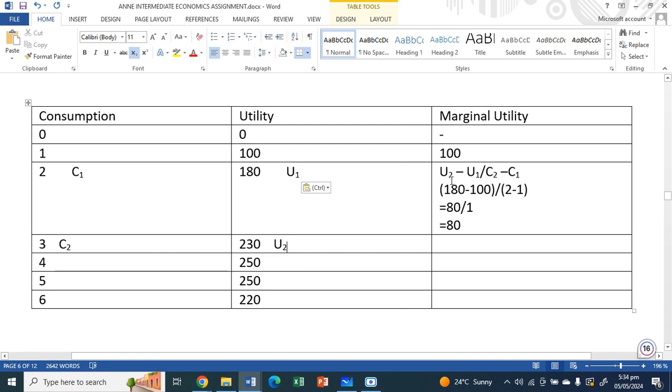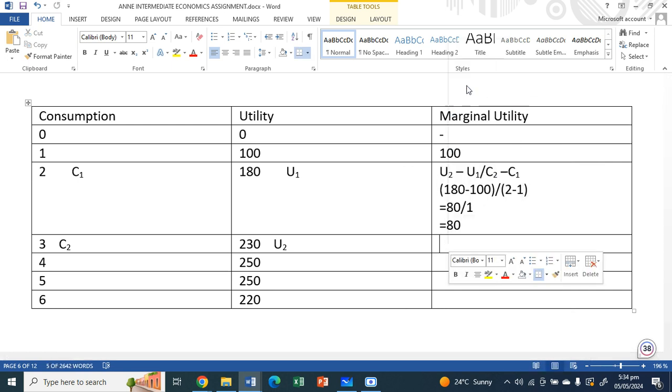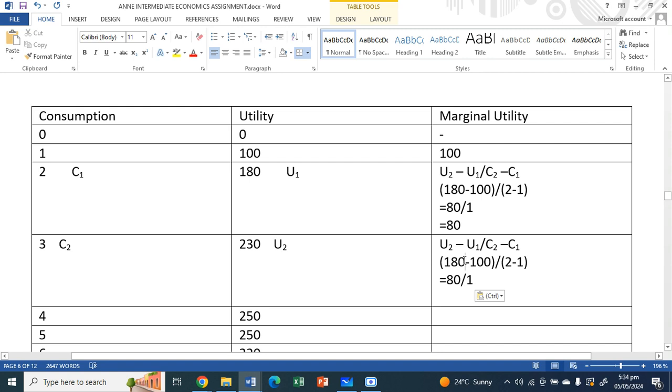So again, we use the same formula here. U2 is 230. That's the new utility. U1 is 180. C2 is 3.